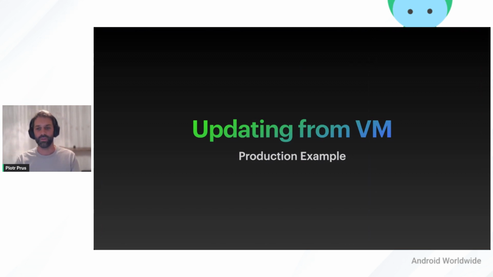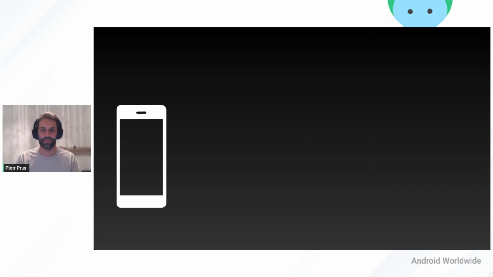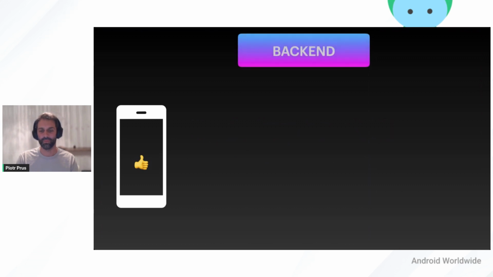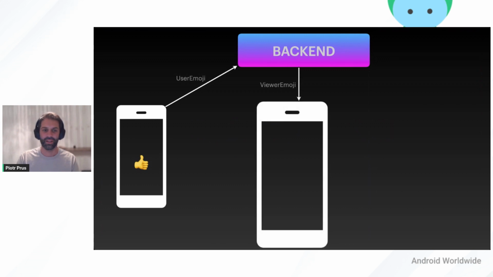Now I would like to show you how we are using that in production. At Tilt, you can send a reaction during the live stream to the streaming room, to another user. We send that to the backend as our user emoji, and the backend sends it back to all the users currently watching the stream as a viewer emoji.